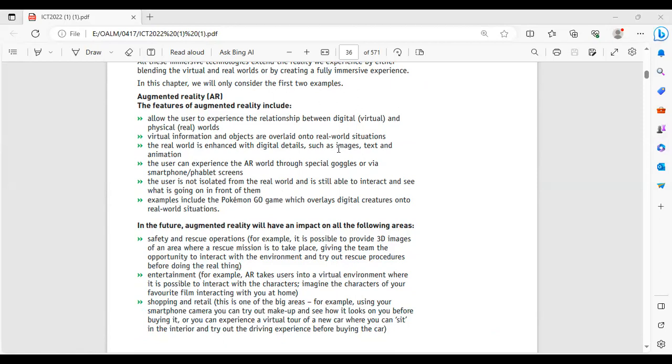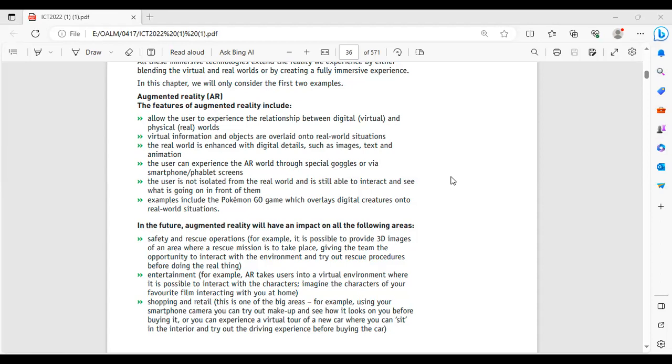Yes, so augmented reality allows the user to experience the relationship between the digital and the physical world. The virtual information is overlaid onto real world situations. The real world is enhanced with digital details and animation, such as images, text, and animation. The user experiences the AR world through special goggles, via smartphone or phablet screens.